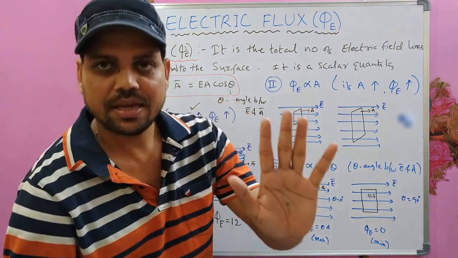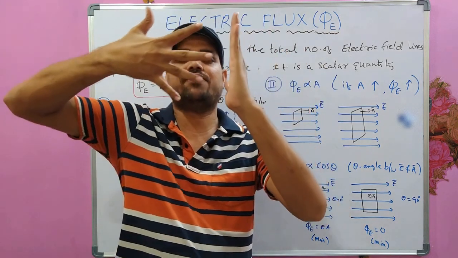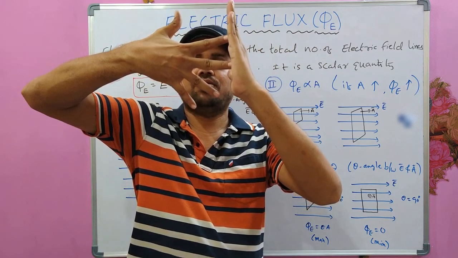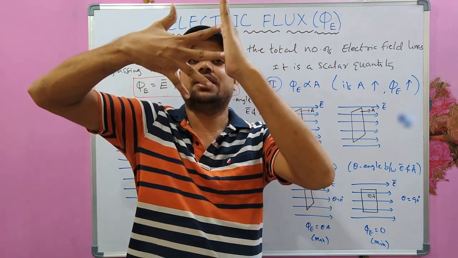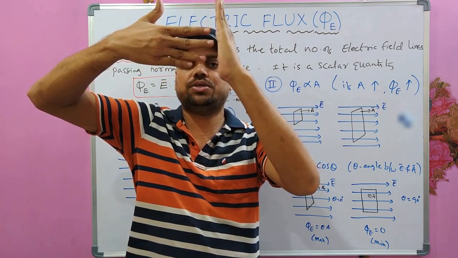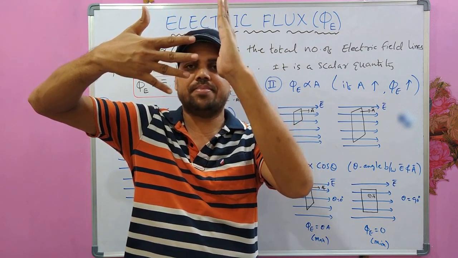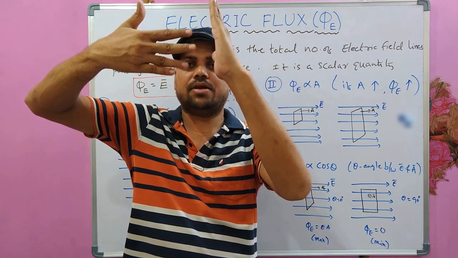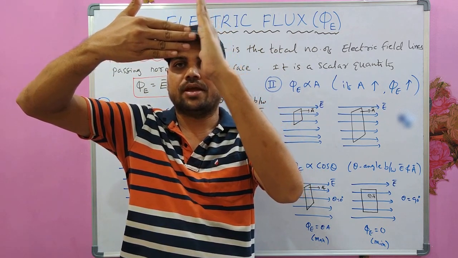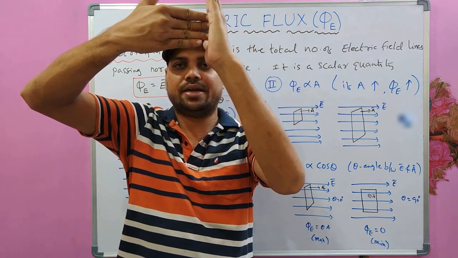Initially the lines are very far away from each other. Only two, for example, only two field lines are entering. Now they are very close to each other. The area is the same. The only thing is they are very close to each other. All four are entering now.